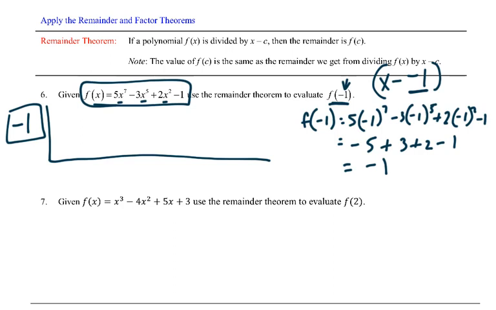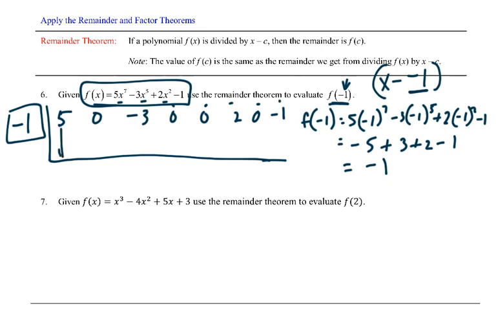And my coefficients are 5, 0, -3, 0, 0, 2, 0, -1. Remember, anytime I jump over, I need to make sure I account for that value by replacing it with a 0. So this is my x to the 7th, x to the 6th, x to the 5th, x to the 4th, x to the 3rd, x to the 2nd, x, and my constant.